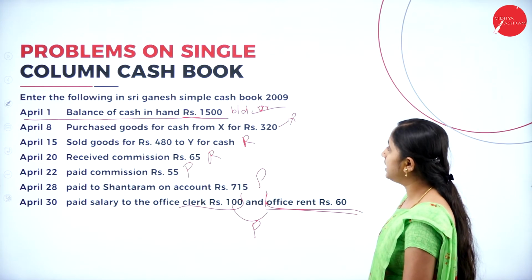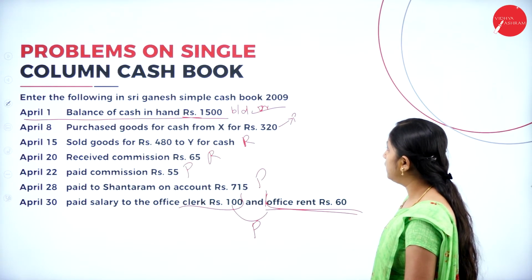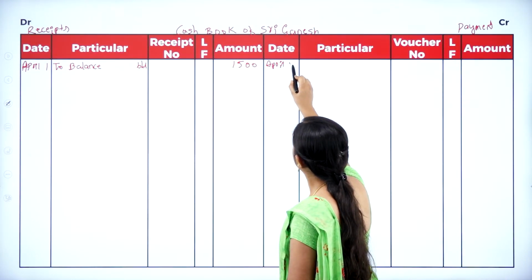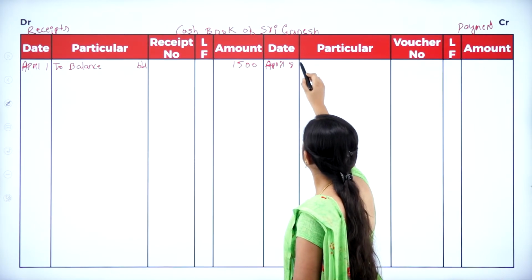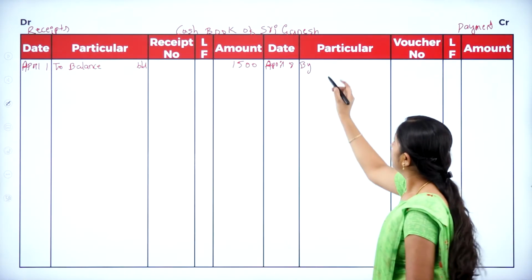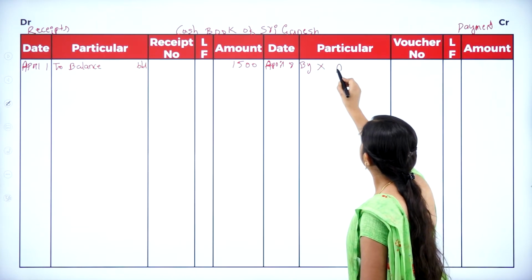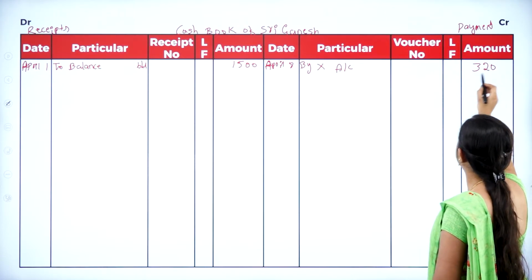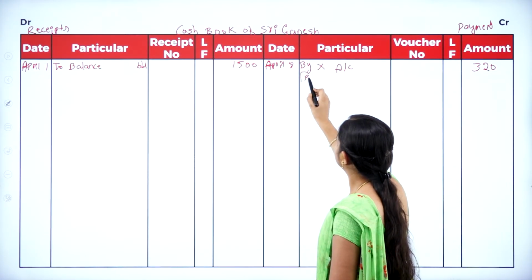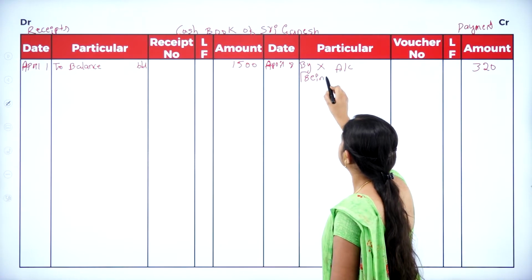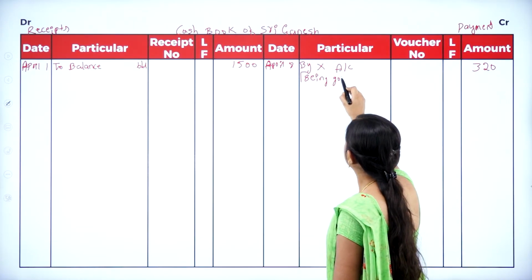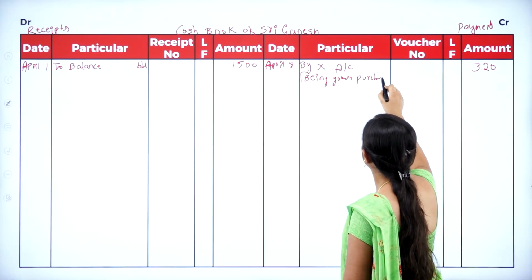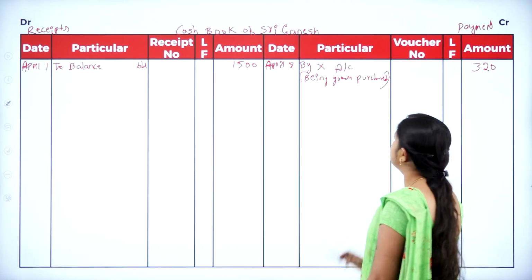April 8th, by X account rupees 320. Write the narration: being goods purchased rupees 320.